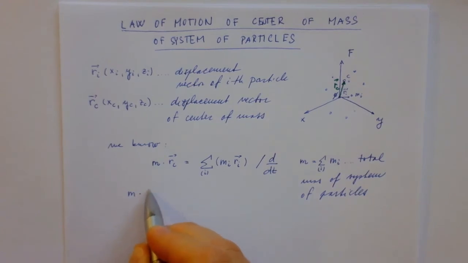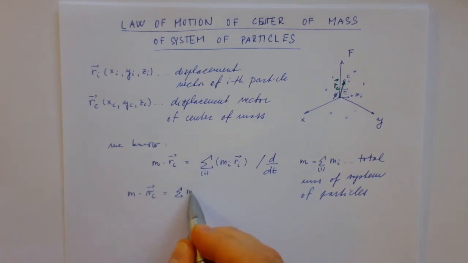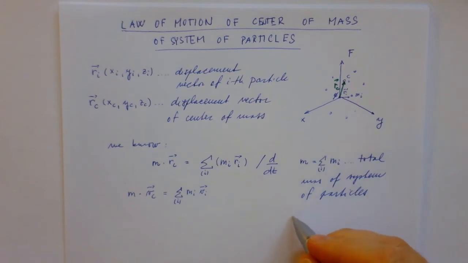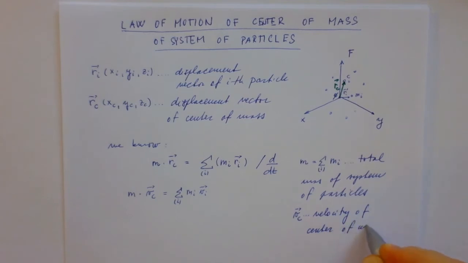So there is Vc, and this is equal to the sum of mi by Vi, where Vc is the velocity of the center of mass, because Vc by definition is the derivative of Rc over dt.